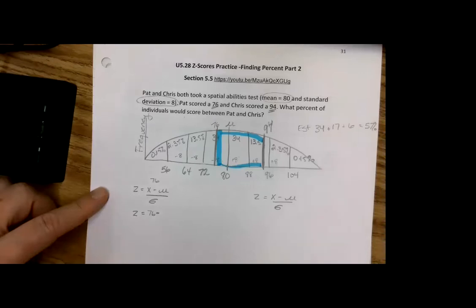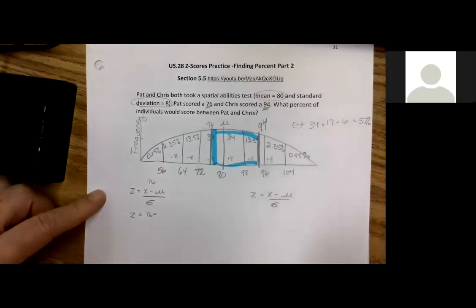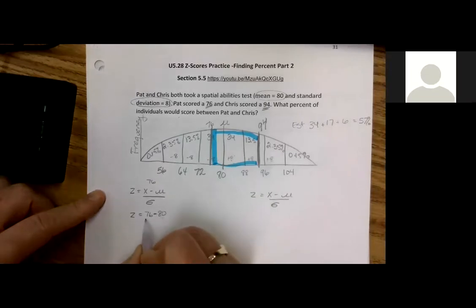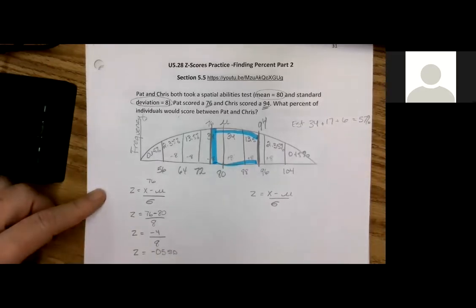All right, Miranda, help us out. What is the mean on this question? It's 80. It's 80, and what's my standard deviation? 8. Right. So Z, 76 minus 80 is minus 4 over 8. Z score is minus 0.5. And I always put my standard deviation to remind myself what the heck I'm doing.